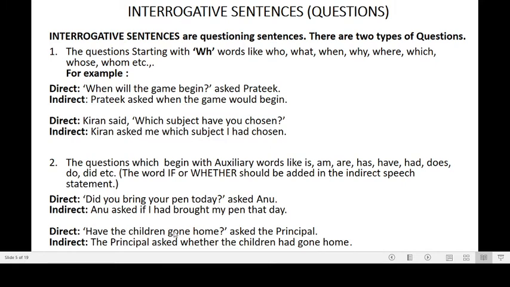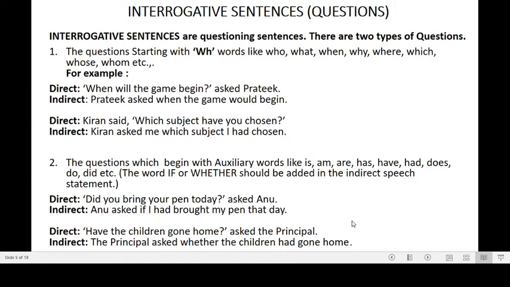Have the children gone home is in present perfect tense. This will be changed into past perfect tense, and this question is changed into a statement. Have gone will be changed into had gone. See, the principal asked whether the children had gone home. So this becomes a statement.